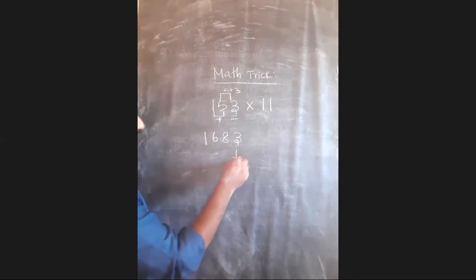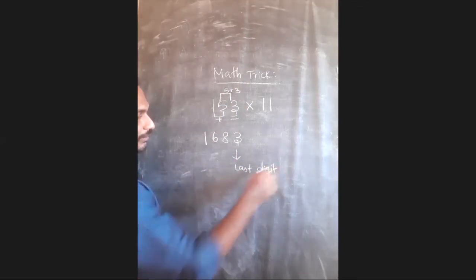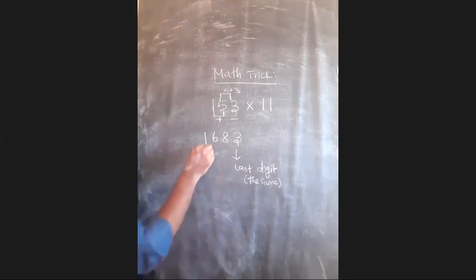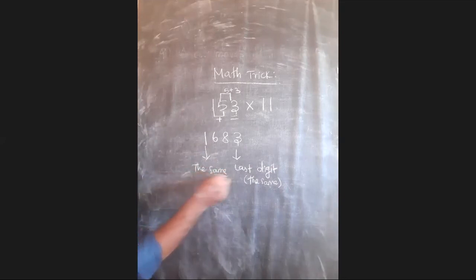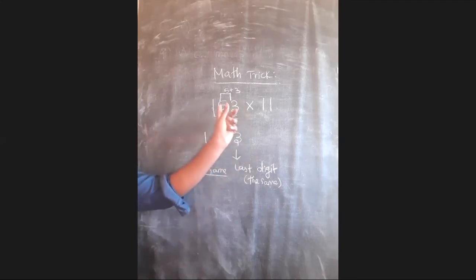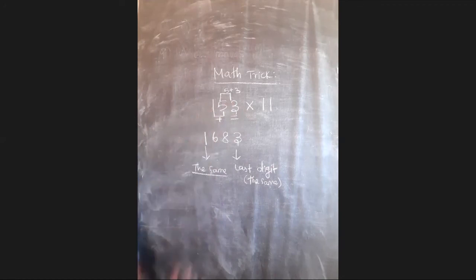So this is the last digit, the same. And this is the first digit, the same. We have to do the addition for the in-between numbers: 5 plus 3, 1 plus 5. That's it.